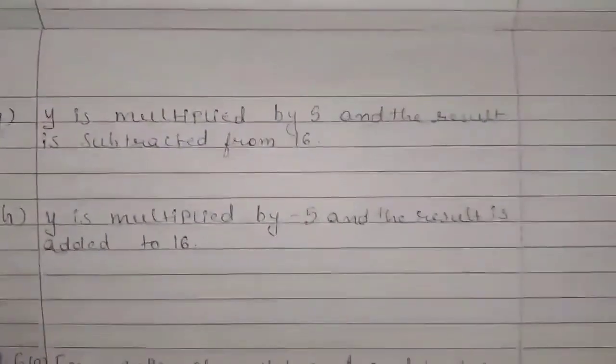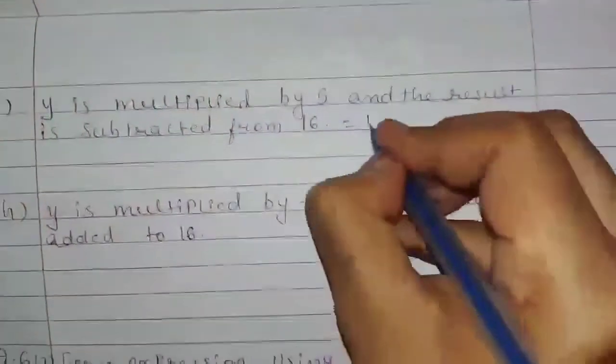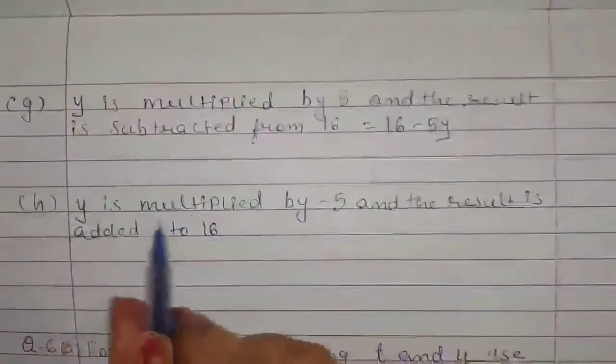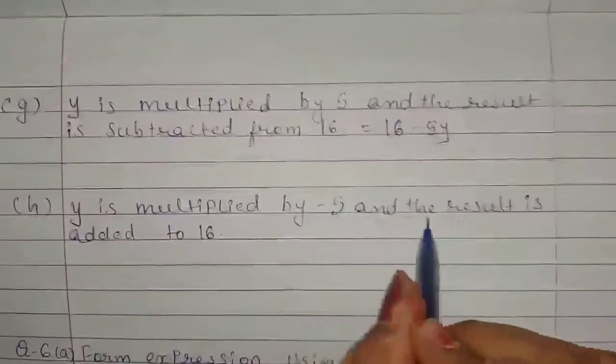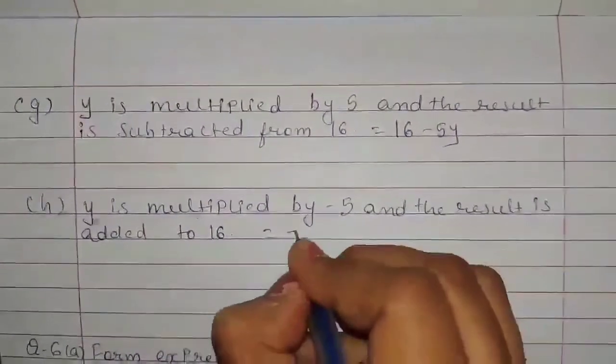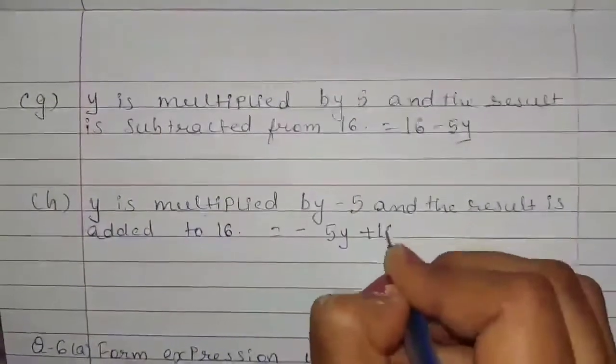Question number G, y is multiplied by 5 and the result is subtracted from 16. So 16 minus 5y. Number H, y is multiplied by minus 5 and the result is added to 16. So minus 5y plus 16.